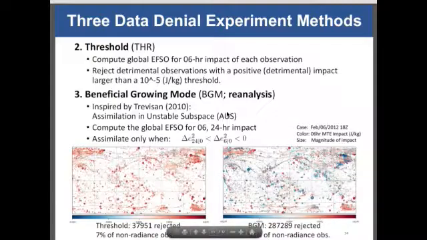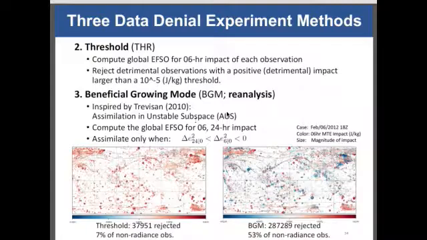The next one is a pretty interesting one, the beneficial growing mode. It's not going to be affordable in operation, but it's good for reanalysis. This is inspired by Anna Trevisan's assimilation in unstable subspace. What we do here is compute 6-hour EFSO and 24-hour EFSO, so we have two time steps here. And we assimilate only the observations that are beneficial in the 6-hour and become more beneficial in the 24 hours.